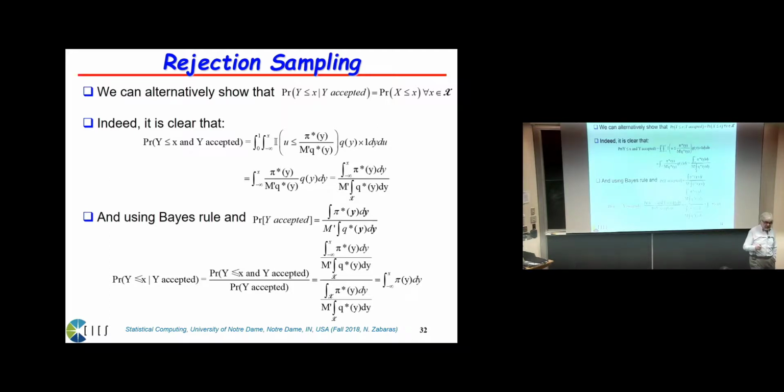So let me give you an alternative notation on the proof of why this algorithm works. It's basically identical to what I had before, but the notation looks slightly different. So what I'm going to prove is that given that y is accepted, the probability of y being less or equal to little x is actually the probability of capital X being less or equal to little x. So this is the CDF corresponding to pi, right? So we want to prove that if we accept y, then this probability is actually equal to this.